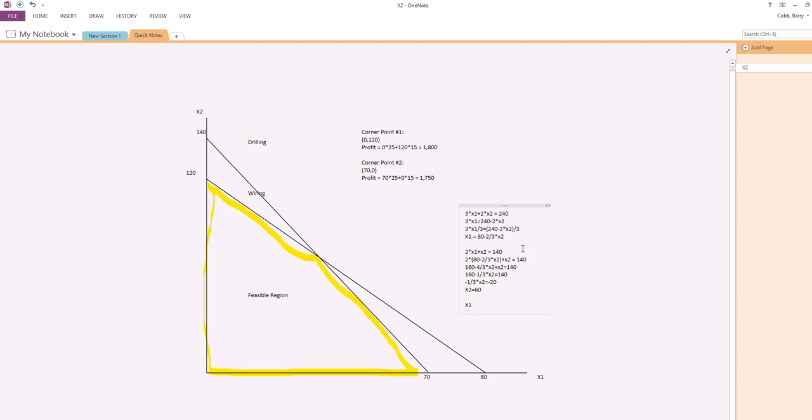We substitute x2 equals 60 back into the expression for x1. 2/3 of 60 is 40. So we get x1 equals 40 and x2 equals 60. This is the third corner point.